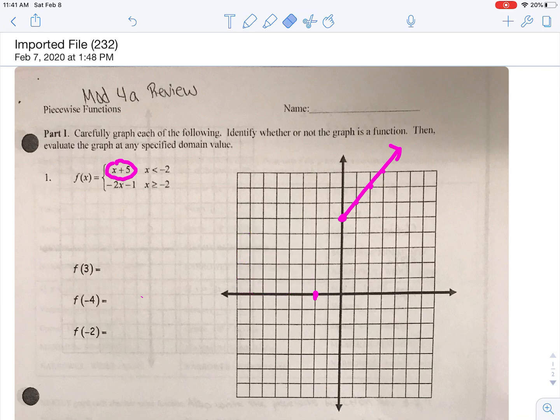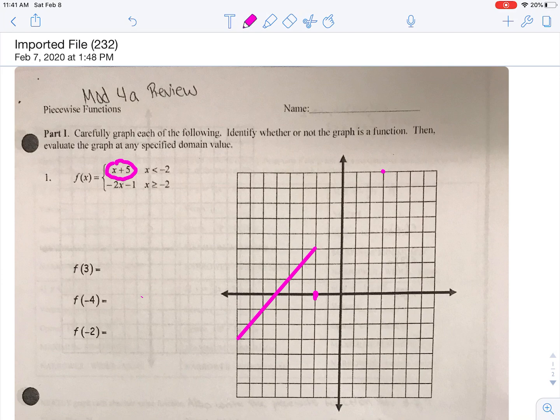So one option is to continue drawing this graph down through here. But this part over here is not going to be part of it, because that's only for things that are less than -2.